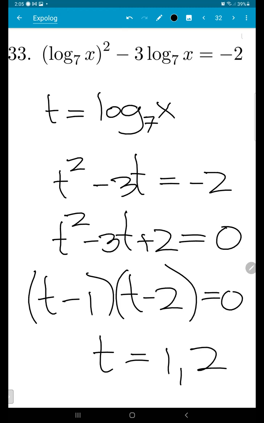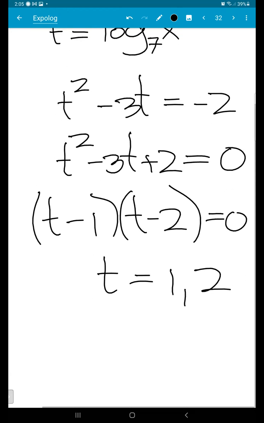And then that's when we solve for x. We revert to x. So we have two cases: log x base 7 equals 1, and log x base 7 equals 2.